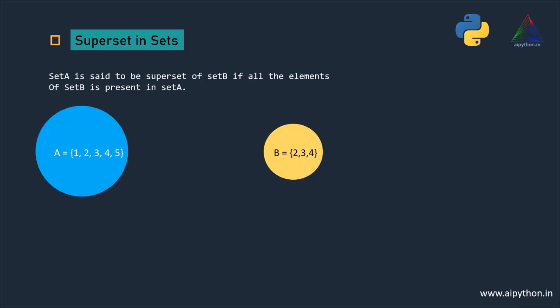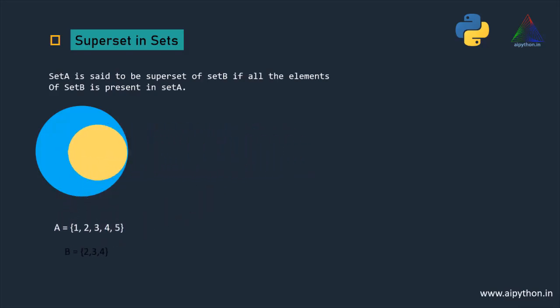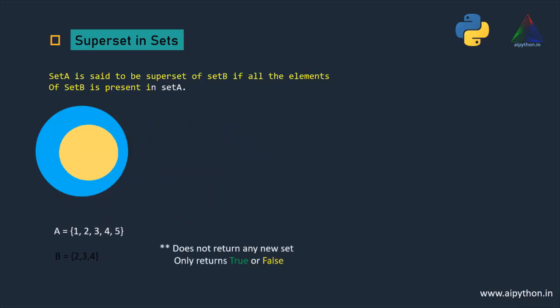We want to check whether set A is a superset of set B, that is, if all the elements of set B are present in A. Last time we checked whether B is a subset of A. Now I'm checking whether A is a superset of B. This is similar. Here blue represents set A and yellow represents set B. Since all the elements of B are present in set A, set A is a superset.